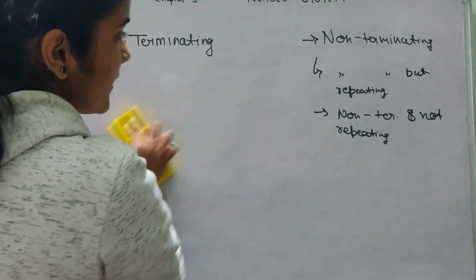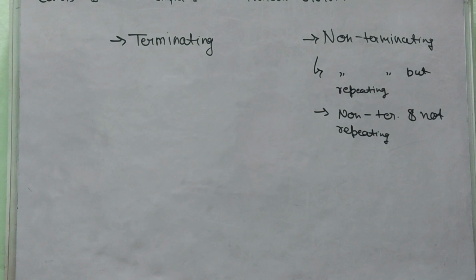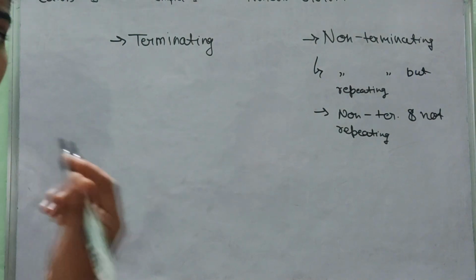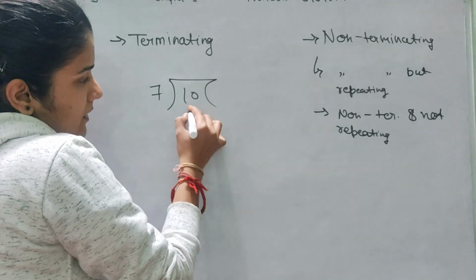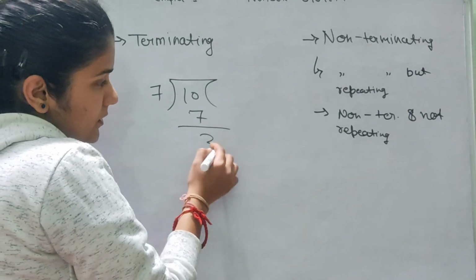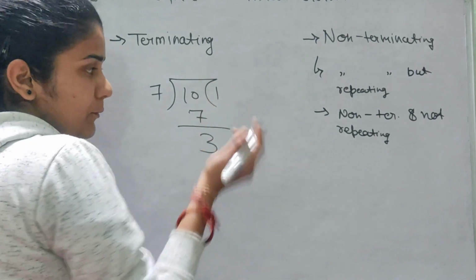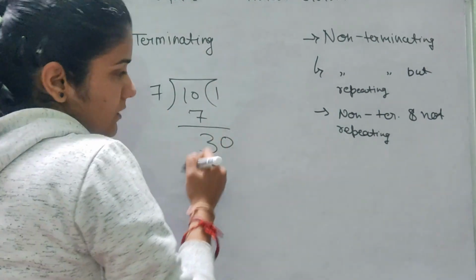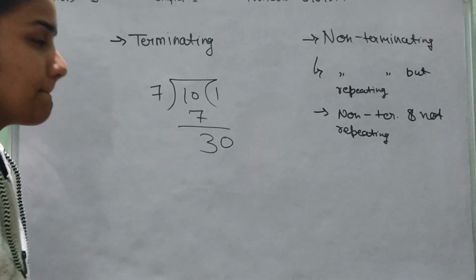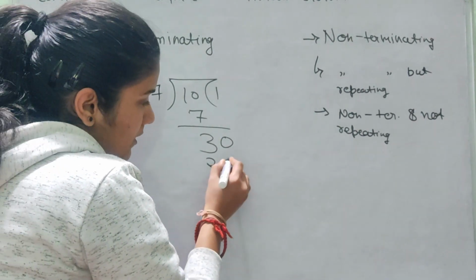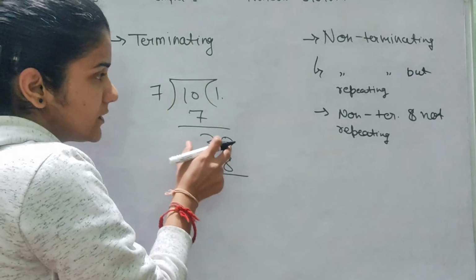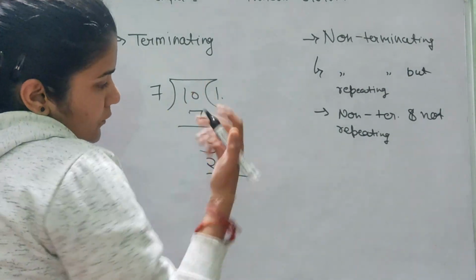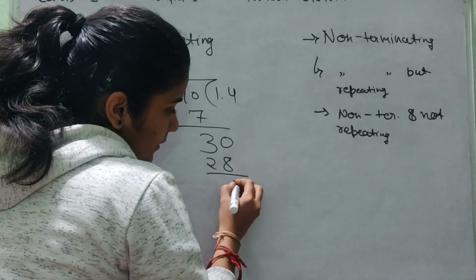Like 7 divided by 10. Everyone knows 3 is a remainder. Now putting 30 here, you should get 28, 4 like point, because no 0 was here, this was the only digit. Put 0 over here, put point over here, it will divide 4 times. 2 left.